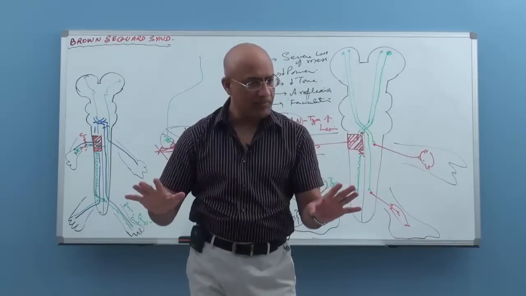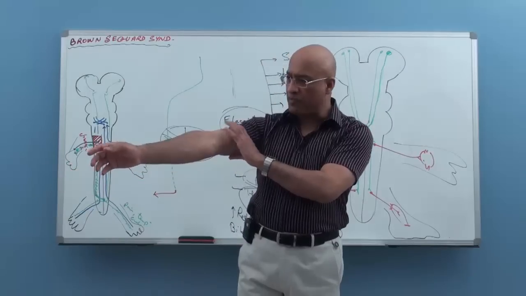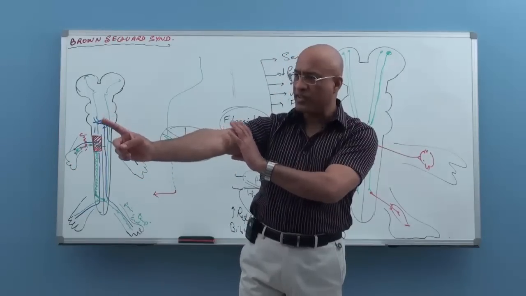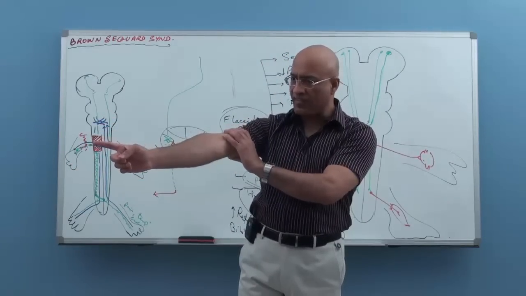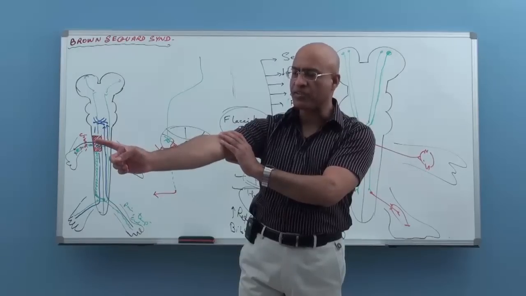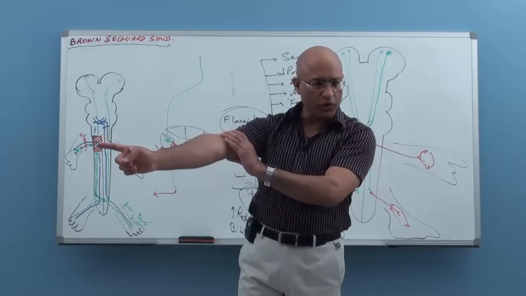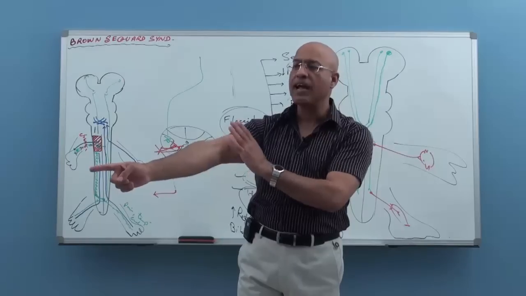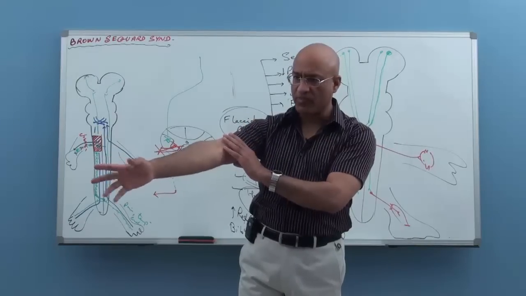Am I clear? The upper limb will show lower motor neuron damage, which is severe loss of mass, loss of power in specific muscles, loss of tone, loss of reflexes, and there may be fasciculations.